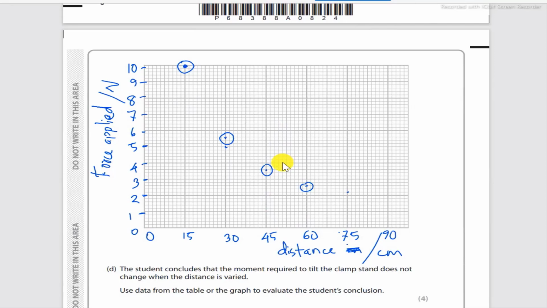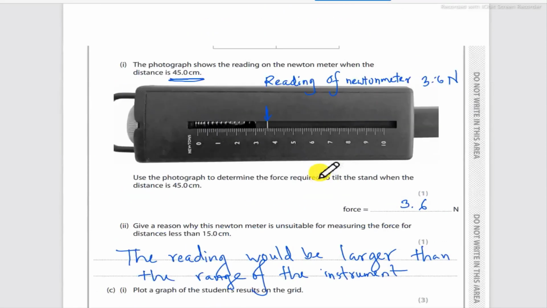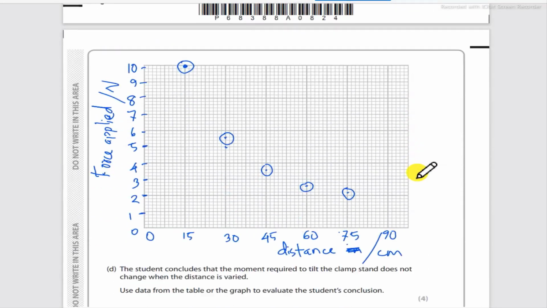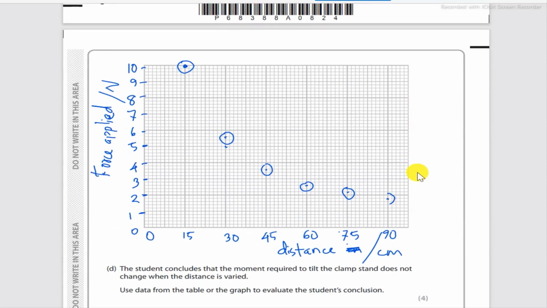When the distance is 90, the force applied is 1.8. Now we can draw the best fit line. This is the best fit line.